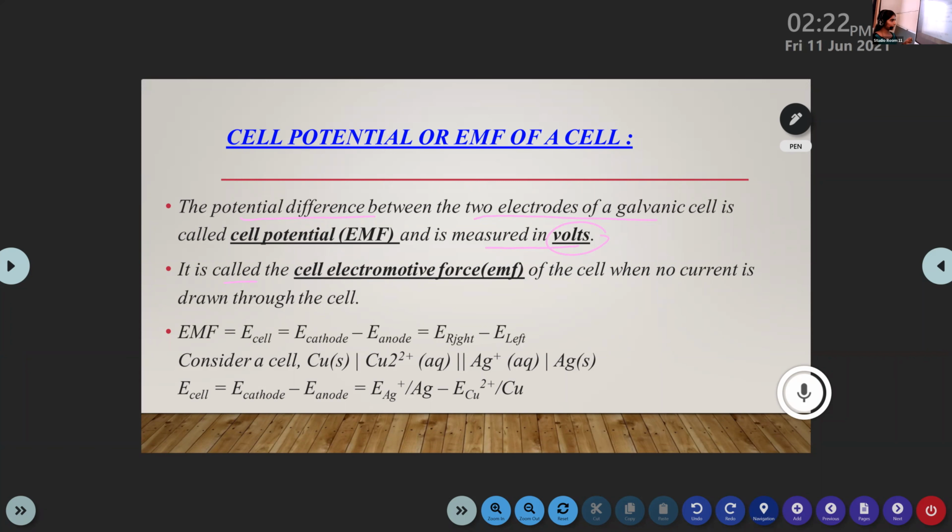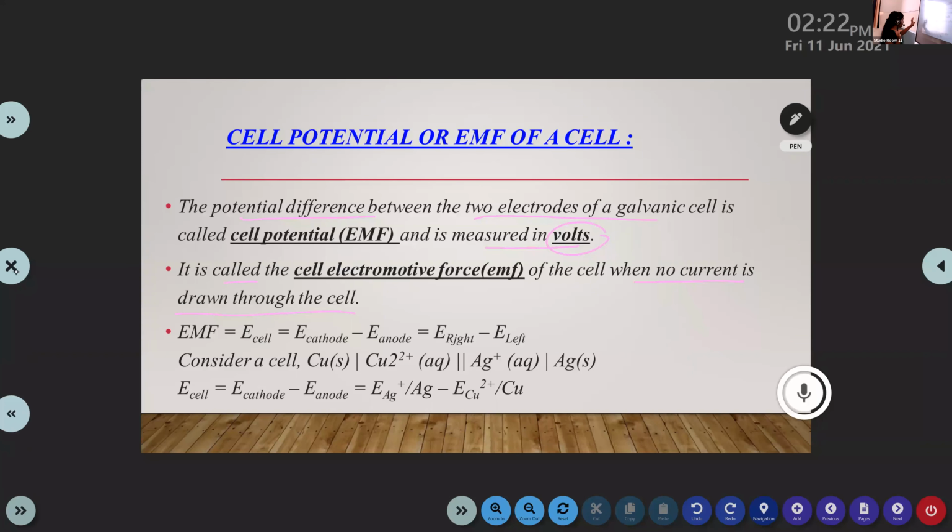EMF is the short form of electromotive force. It is called the cell electromotive force when no current is drawn through the cell. Clear?